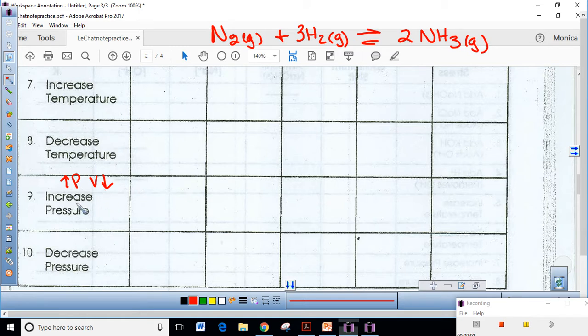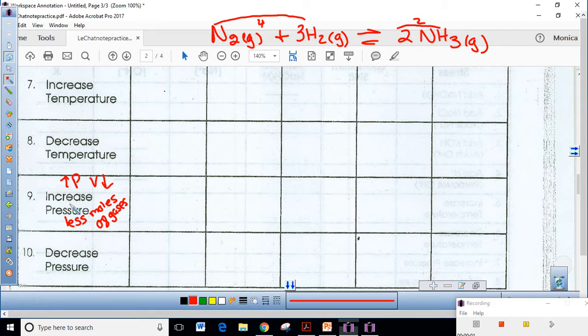So if you increase the pressure, that means that you're giving it less space. It always favors the side that's going to make less moles of gases. Only gases, because that's the only thing we care about. Less moles of gases. So we've increased our pressure, so we want to shift to whatever side has the less moles of gases. So up here, you have 4, and here we have 2.